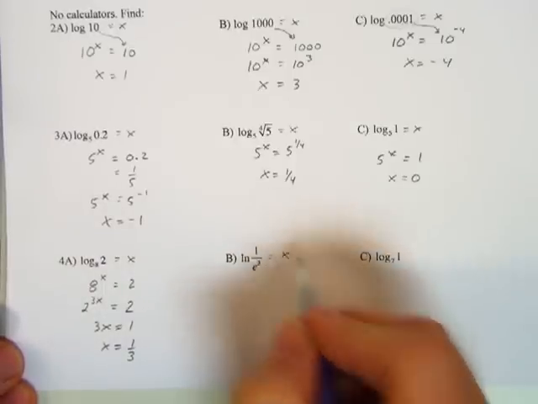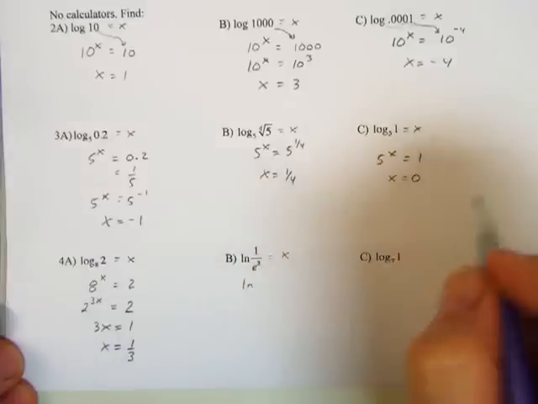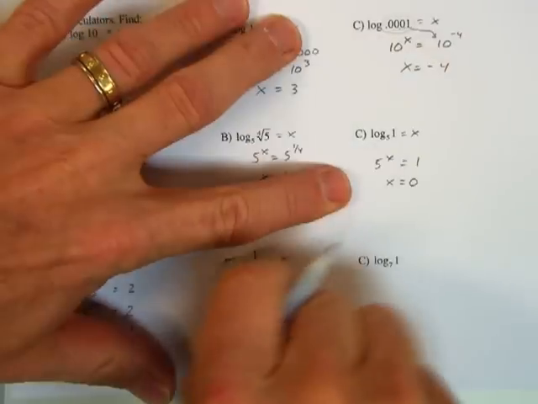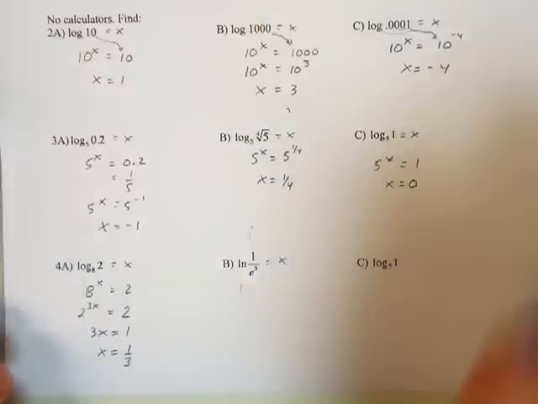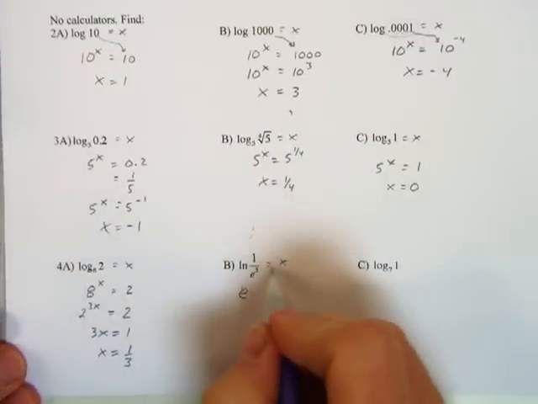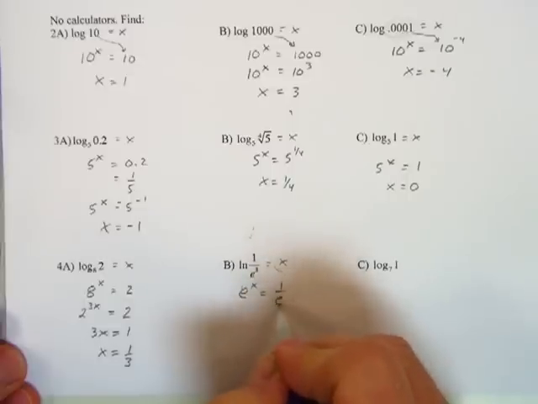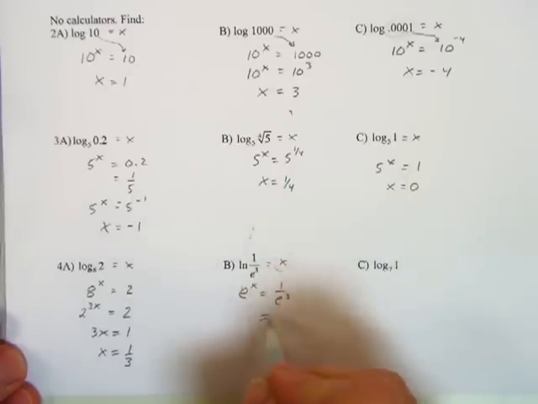Set equal to x. So we have ln. Actually, let me just start transforming it. We have e, the base of the natural log, to the exponent x equals 1 over e cubed. And that can be written as e to the negative 3. So x equals negative 3.